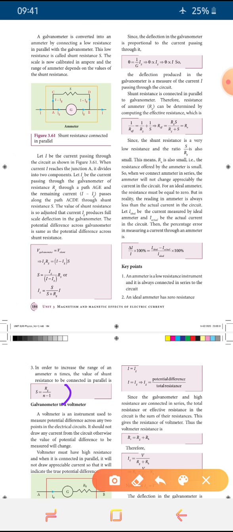So up to S equal to Rg divided by n minus 1. This is the answer for the galvanometer being converted into an ammeter with the help of a low resistance which is connected in parallel. Also, it is important that this ammeter should be connected in series with the electrical circuit. We all know that.